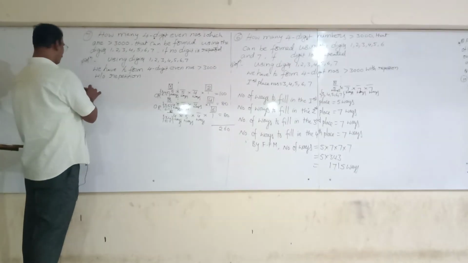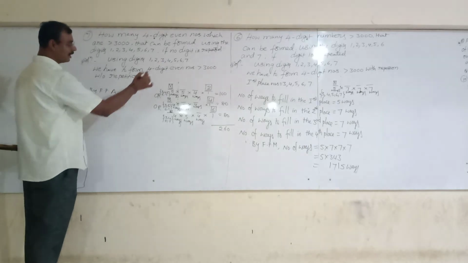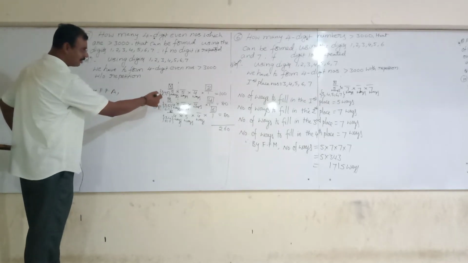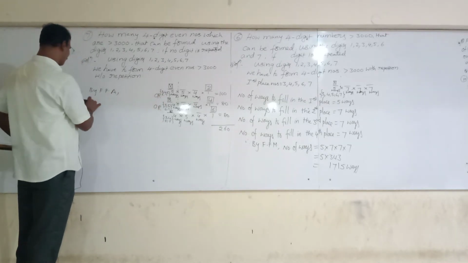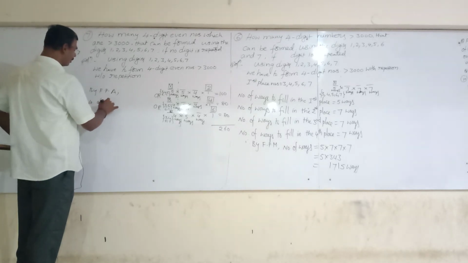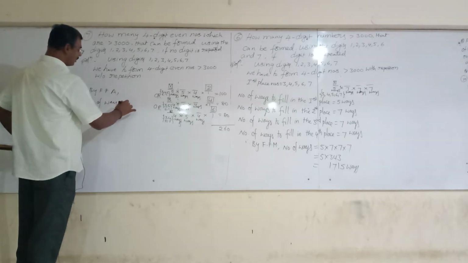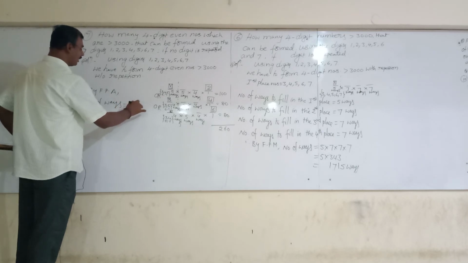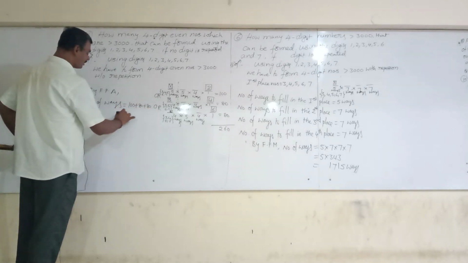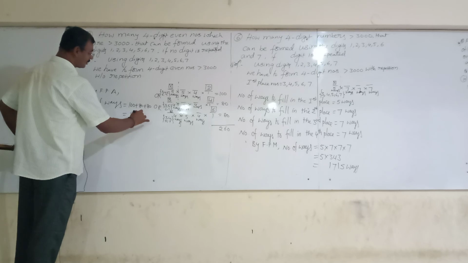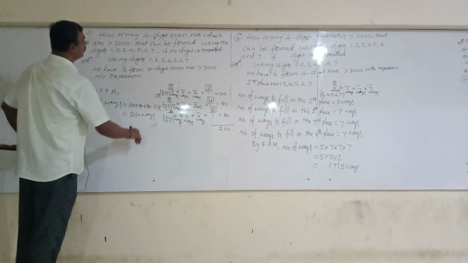So therefore, by the fundamental principle of addition, either first case or second case or third case, the total number of ways is 100 plus 80 plus 80, equal to 260 ways. So this is the problem.